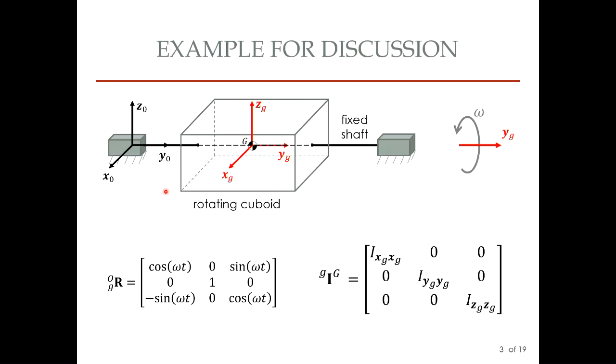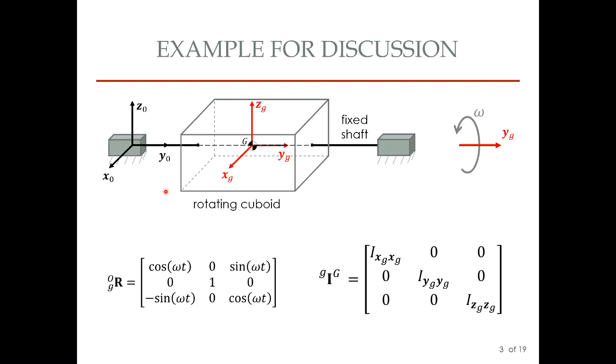What I want to find, or let's say I want to construct, is the angular Newton-Euler equation for this cuboid, because I want to find out what moments should be applied on that cuboid for it to perform this motion with a constant omega. Right, so in order to construct the angular Newton-Euler equation, which we've discussed, it's the sum of moments equals h dot, h being the angular momentum.